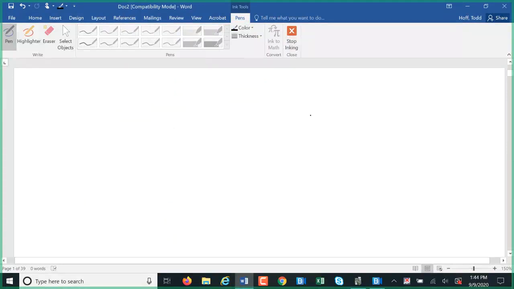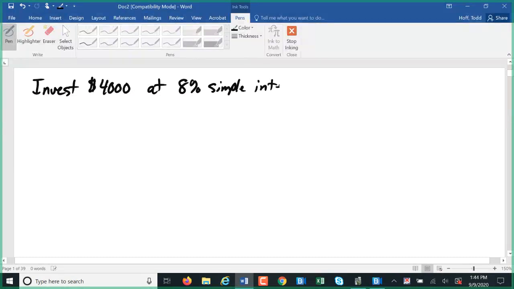So let's take a peek at this. Let's say we are going to invest $4,000 at 8% simple interest for 3 years.